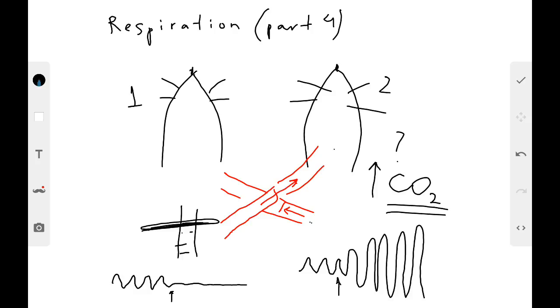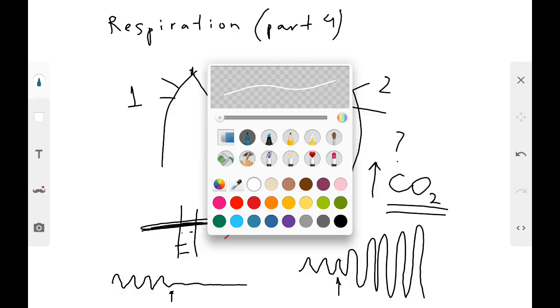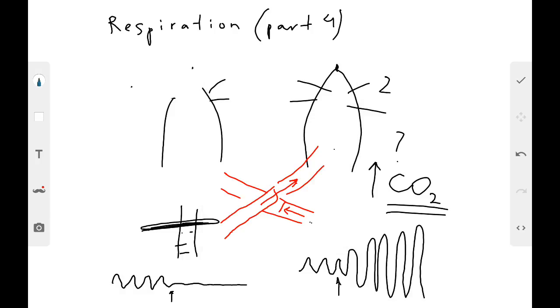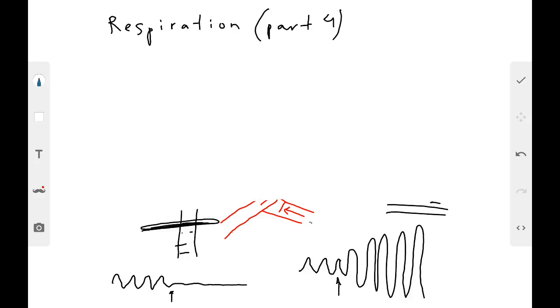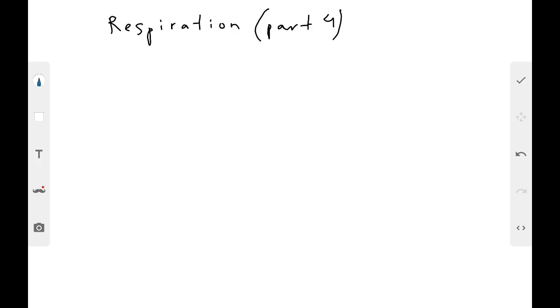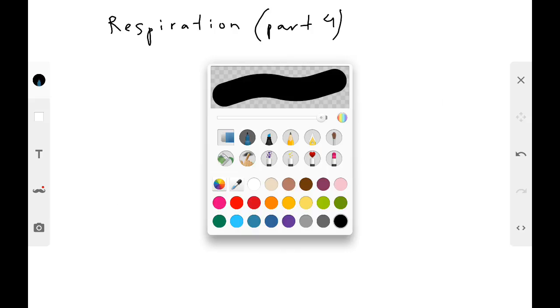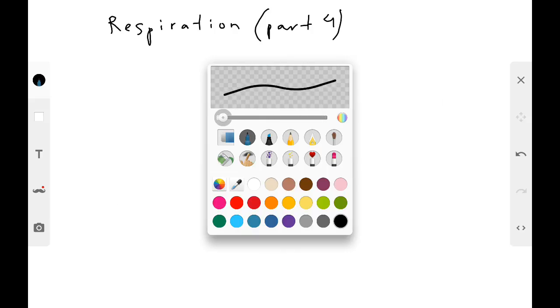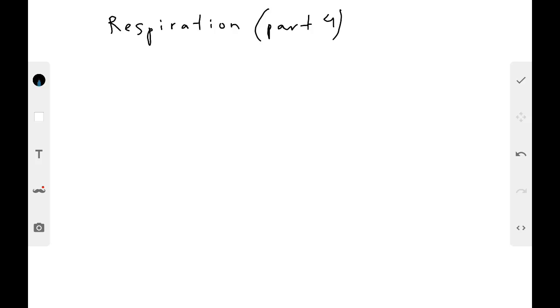So this is the Friedrich experiment, and it proved that the humoral regulation of respiration is important. We know that the concentration of carbon dioxide, oxygen, and pH of the blood is important for the regulation of respiration, and they produce an effect upon the respiration center.